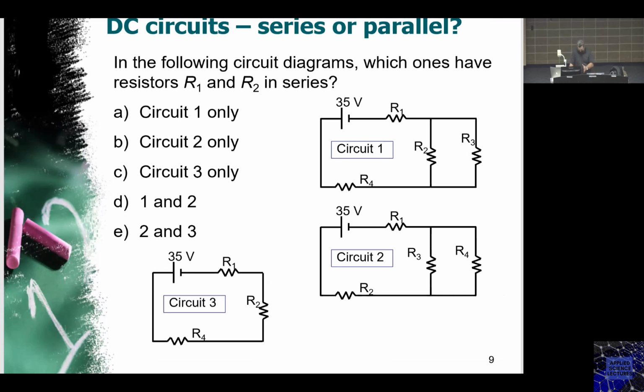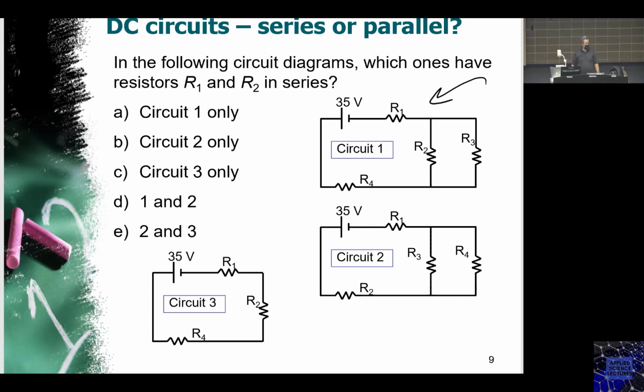For example, if I ask you, is R1 and R2 connected in series or parallel, what would you say? Here in this circuit. Is R1 and R2 in series or parallel?